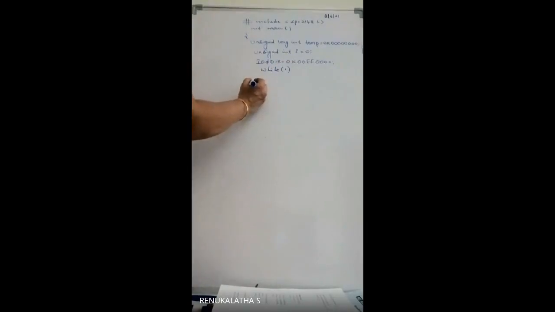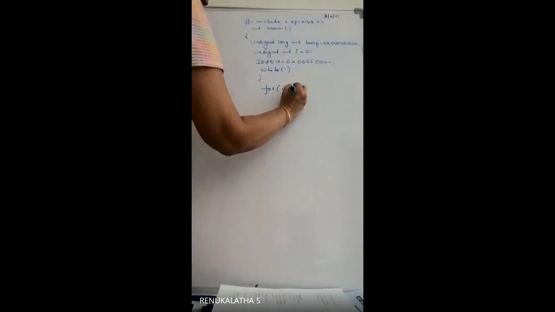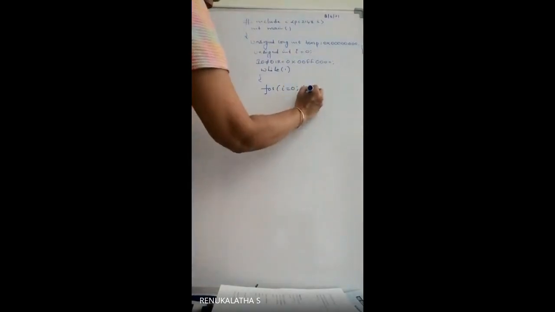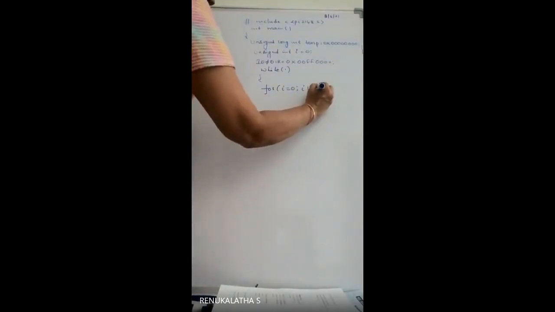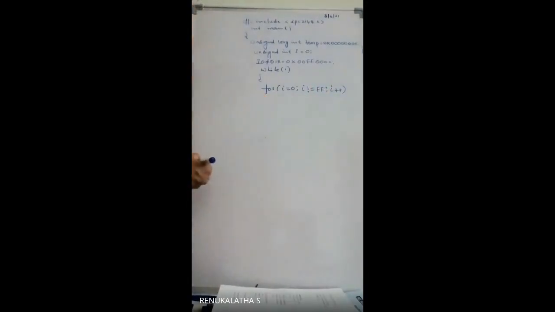Right. And then open this. Then let us declare temp. For loop we shall declare: for I is equal to 0, I not equal to ff, I plus plus. Right.